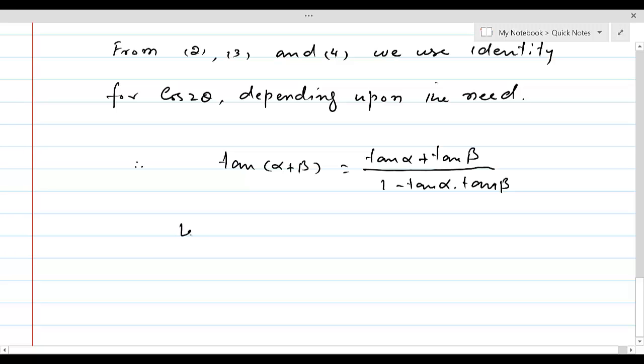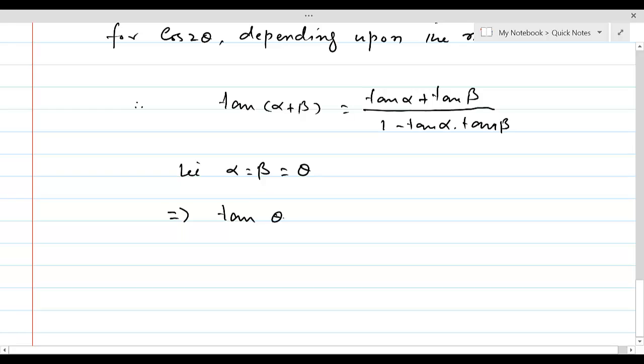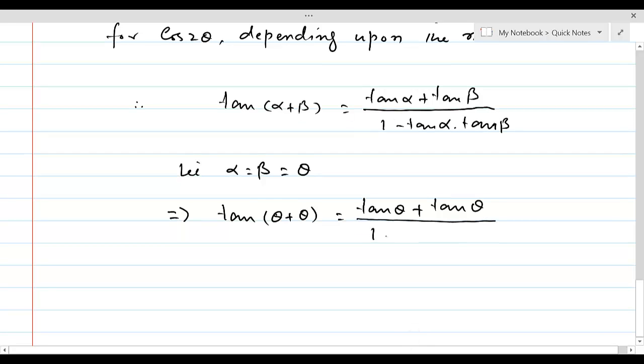This means we have tan theta plus theta equal to tan theta plus tan theta again over 1 minus tan theta into tan theta.